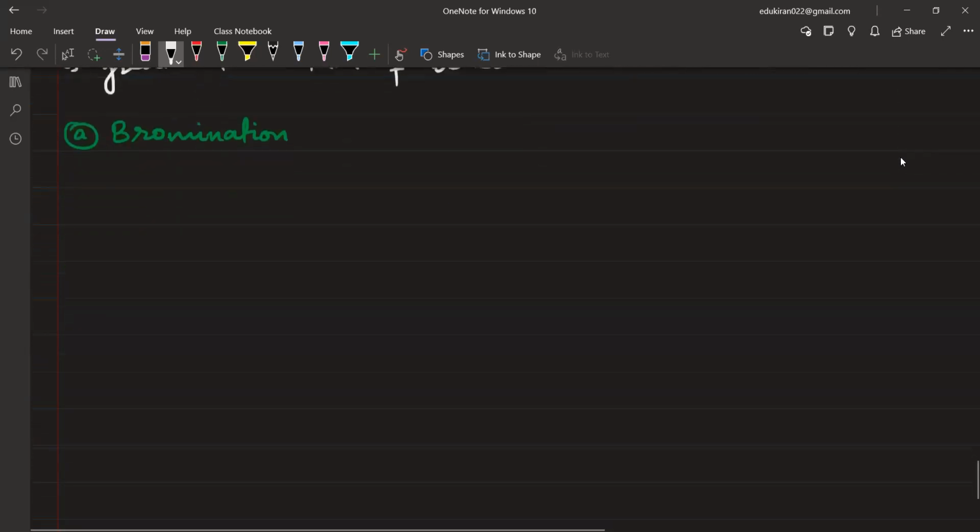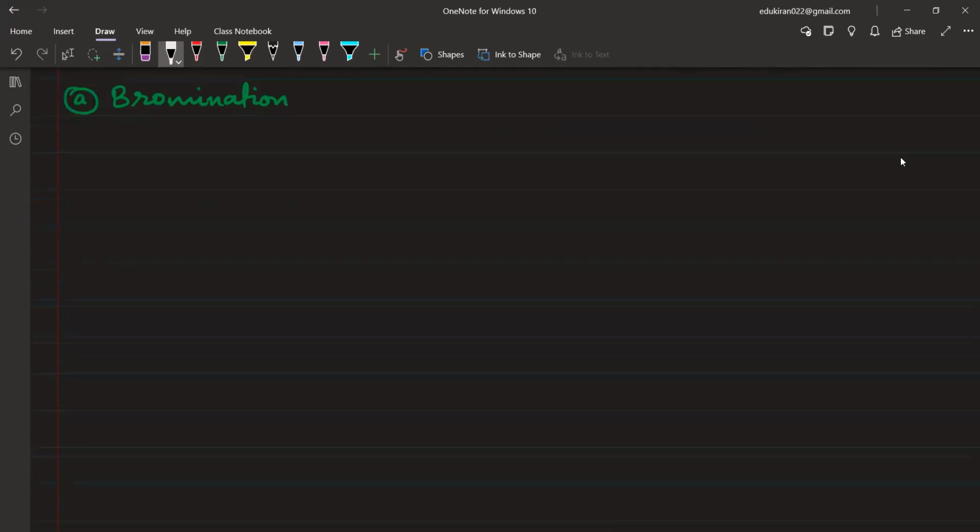Okay, I hope everyone is done. Please see here. Don't write anything. Please listen very carefully. When we have phenol and we add Br2, and then we do the reaction in the presence of a non-polar solvent, a non-polar or non-protic solvent, that means the solvent which is not going to convert phenol into phenoxide ion.